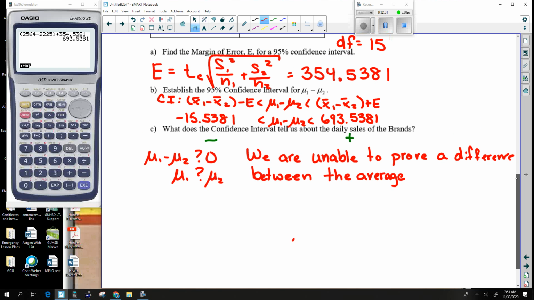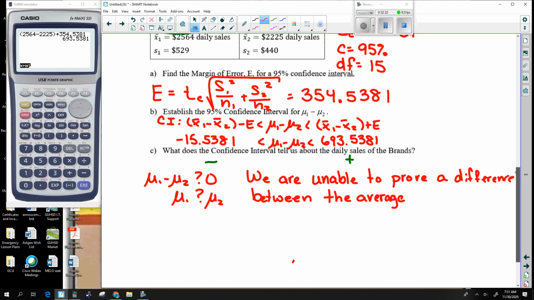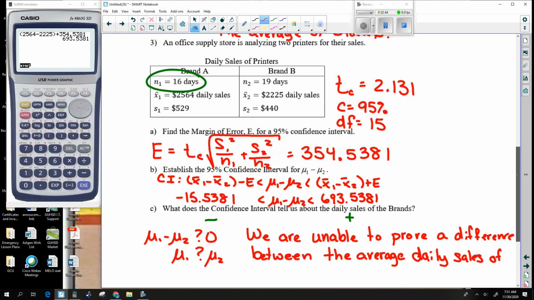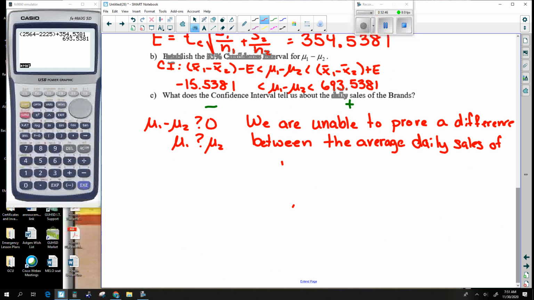We look at the X bar for our description, so daily sales, of 1 versus 2, brand A versus brand B.